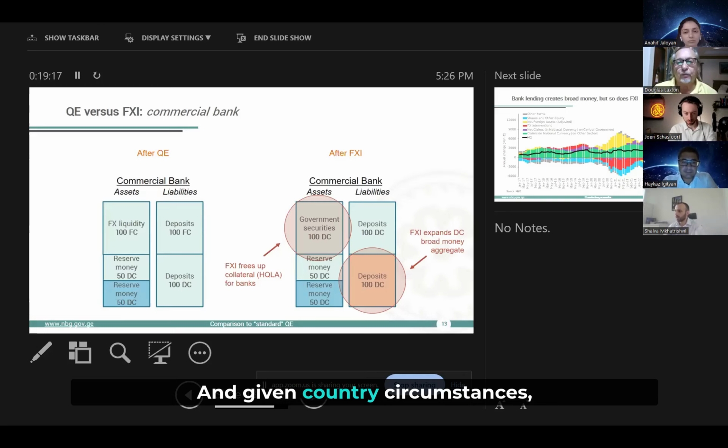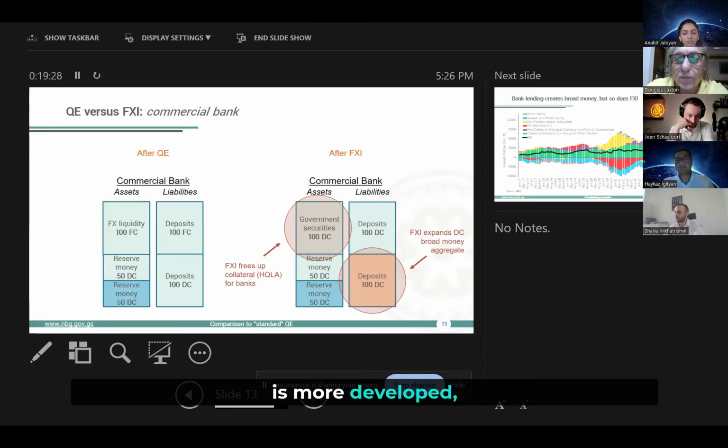And given country circumstances, they can be important, but they can have a negligible effect. So sometimes, if the FX market and financial system are more developed, these aspects may not be relevant because HQLA of banks can be high already, so there is no need to care about it.